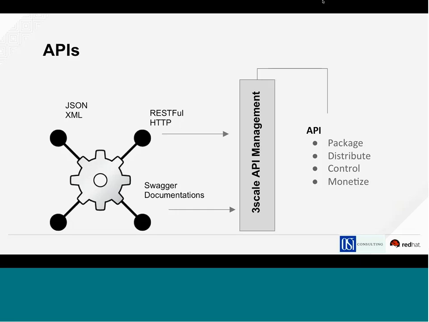That's part of the API management solution from Red Hat: being able to expose and document the API services that I have, but also package, control, and monetize them. I can meter it. I can limit the rate based on what they have. I can do a lot of things with these services with API management at the layer in front of my services: a directory of services that I can offer to my internal users and or my partners or end customers.